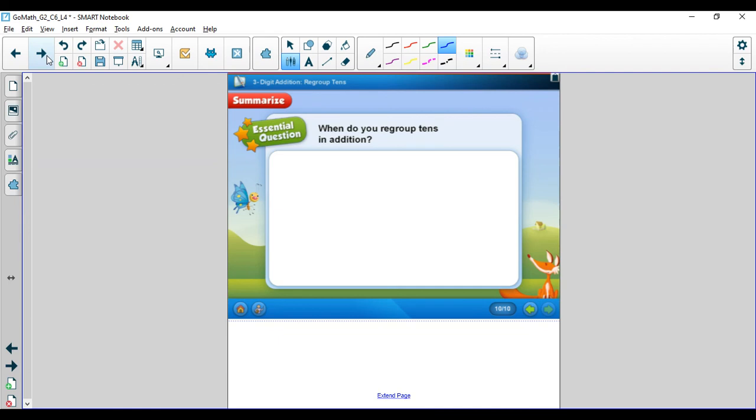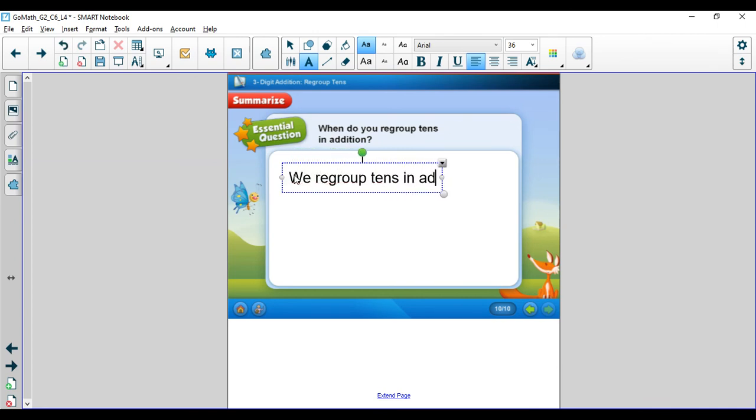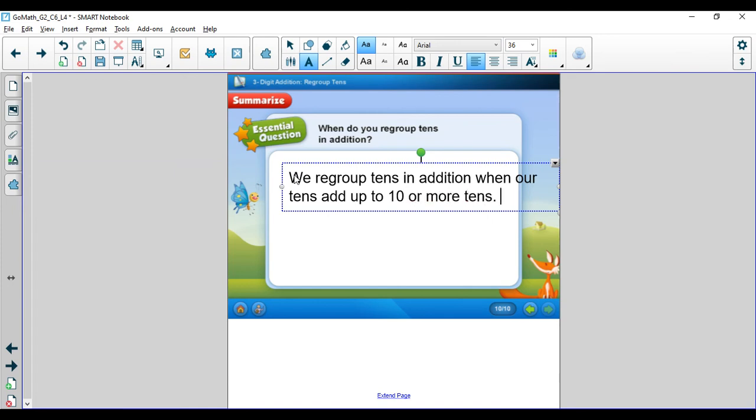Before we end our session, I have one last question. Our essential question was, when do you regroup tens in addition? Can you answer that question for me now? We regroup tens in addition when our tens add up to 10 or more tens.